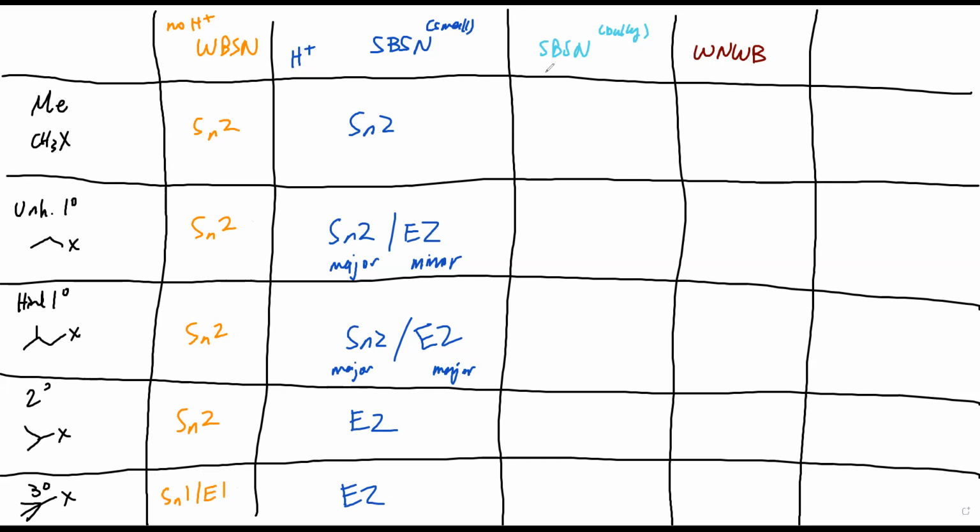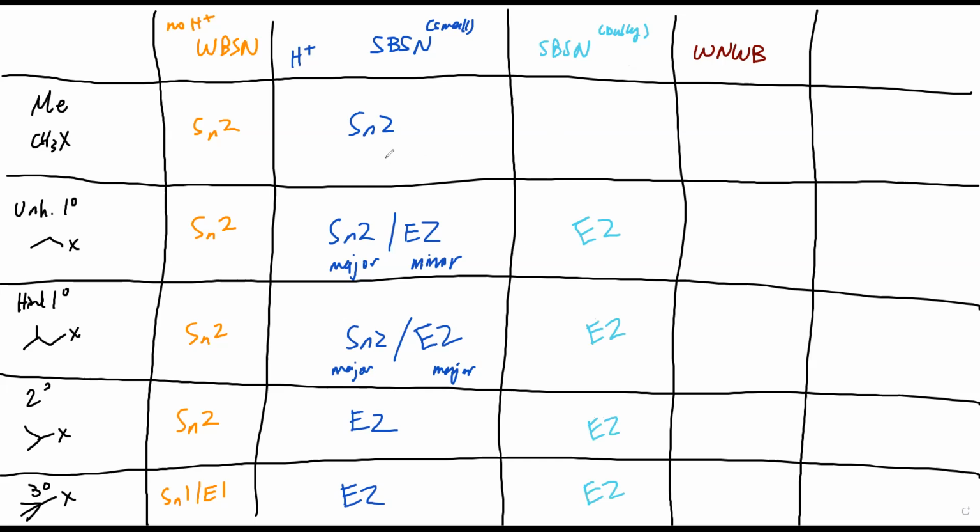All that really leaves then is the bulky bases. Here's the thing with bulky bases. Not only are they hindered, and they like to form the less substituted, less hindered alkene product, they also almost exclusively do E2 reactions. So we never really see substitutions.